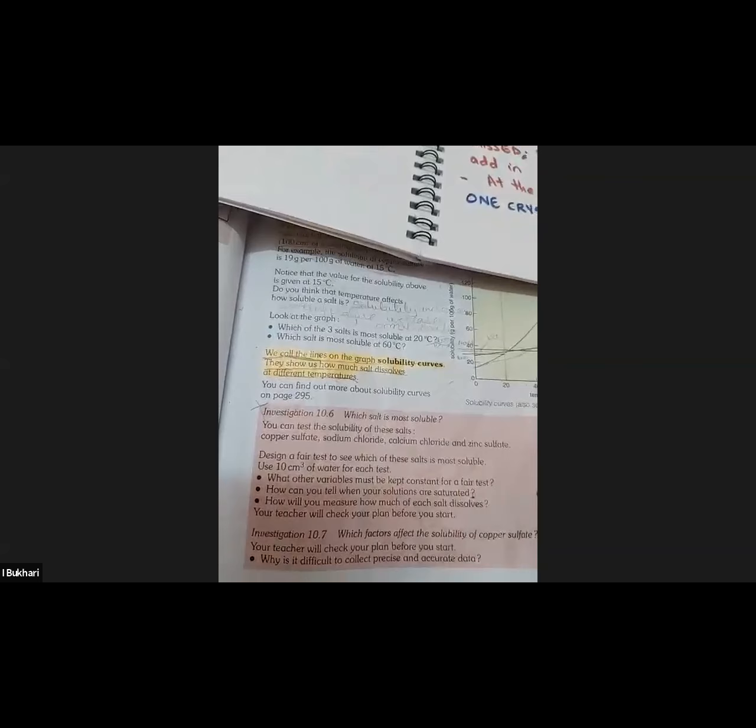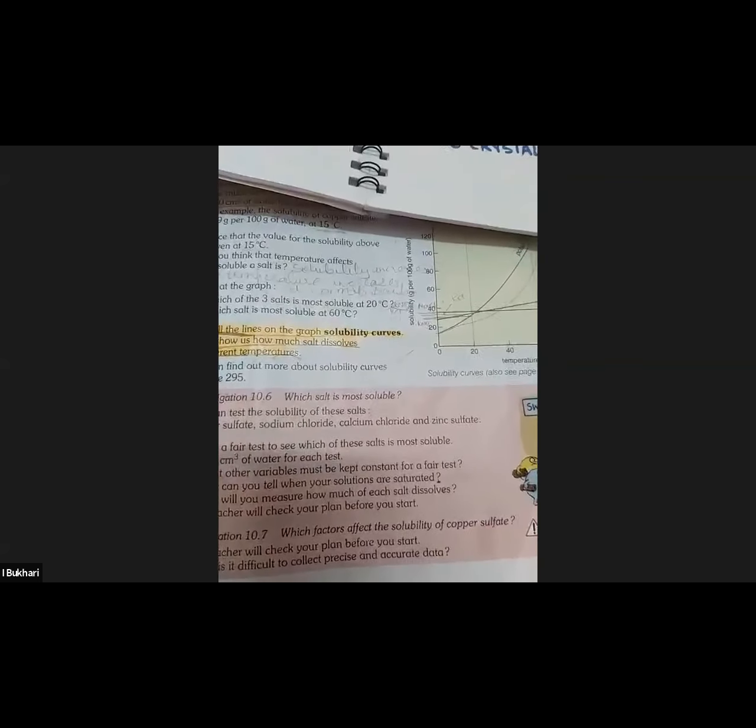So can you guys come up with any ideas regarding a fair test to see which of these salts is most soluble? Any ideas? It's okay. We are all here to learn. Design a test, design an experiment.